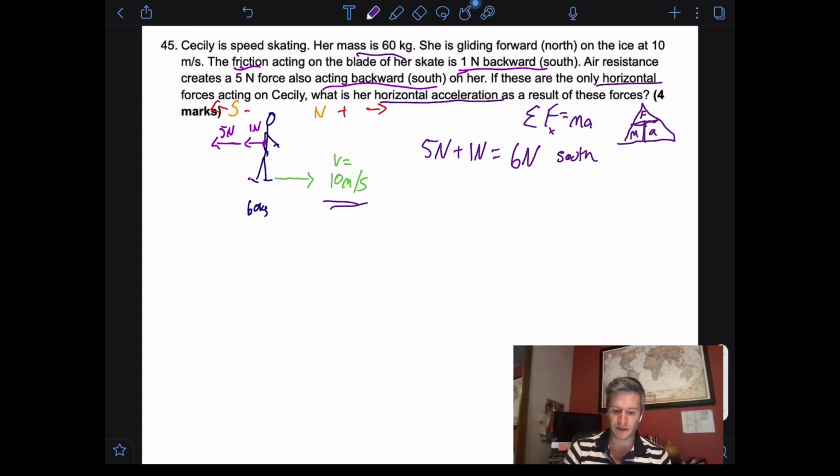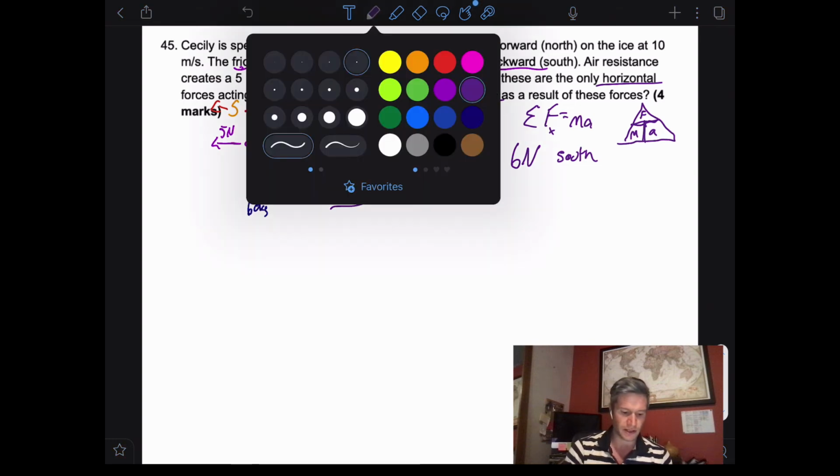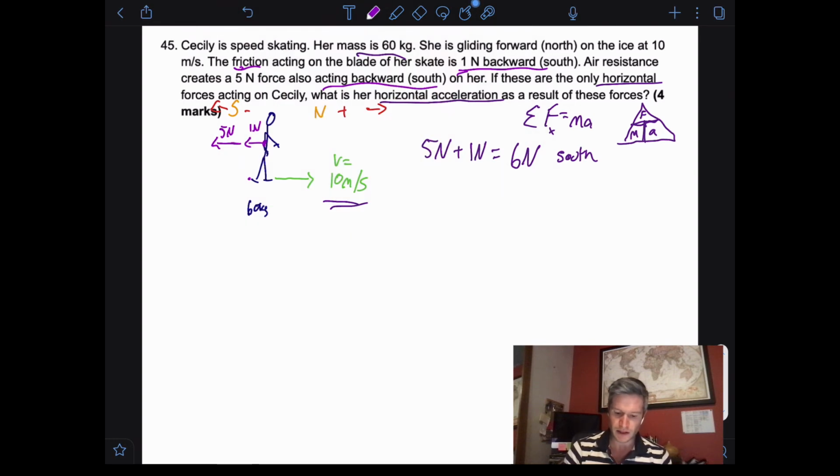So mass times acceleration equals force. You can look at this a few different ways. Force divided by mass equals acceleration. Force divided by acceleration equals mass. Or the one that we know, mass times acceleration equals force.